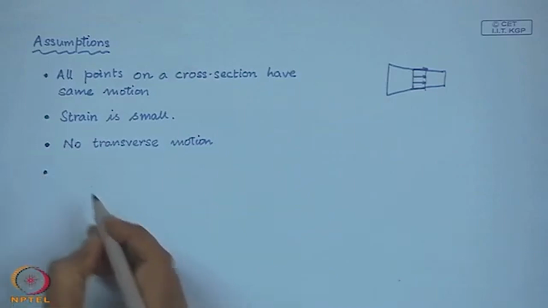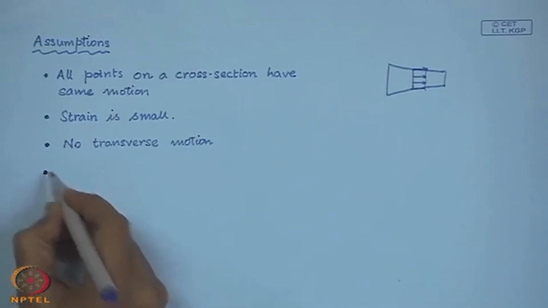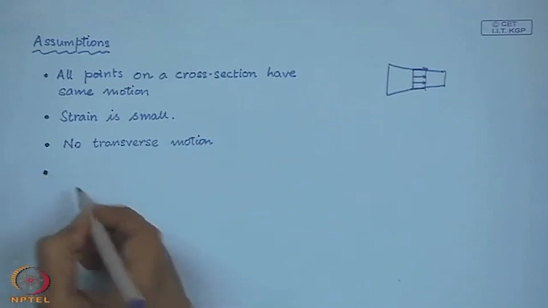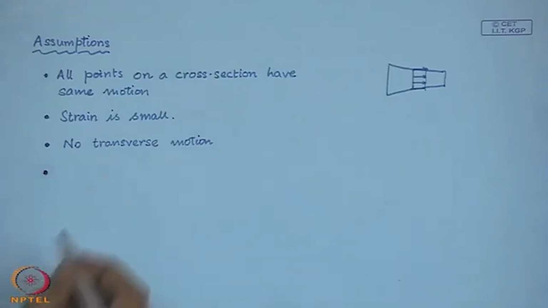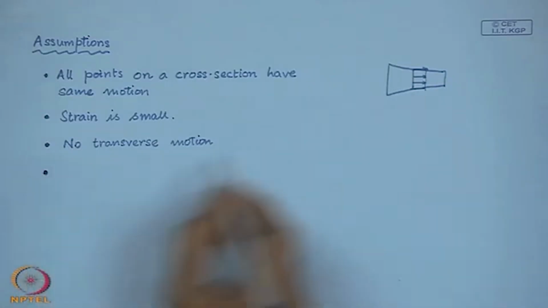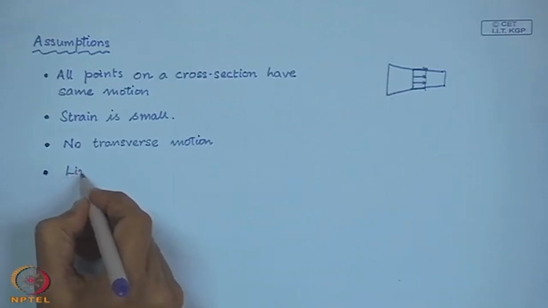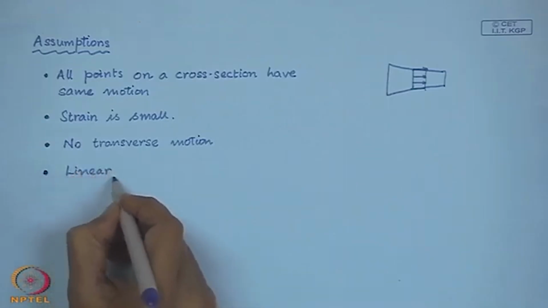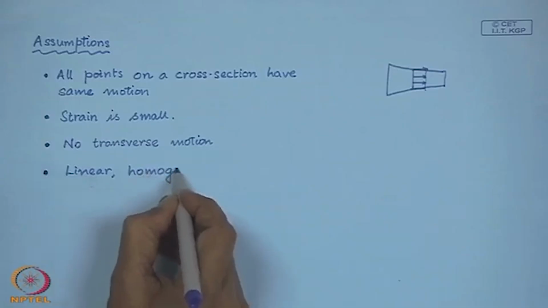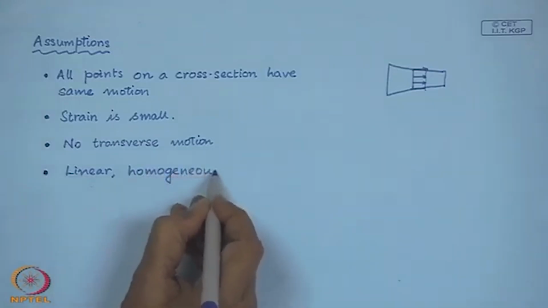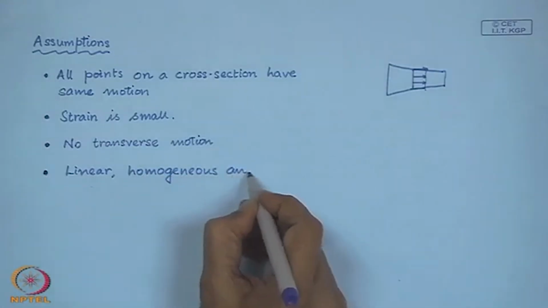And the fourth assumption that we make is that the material of this bar is linear, homogeneous and isotropic.